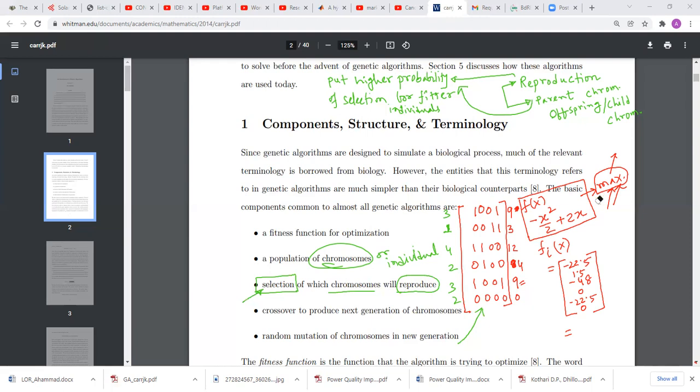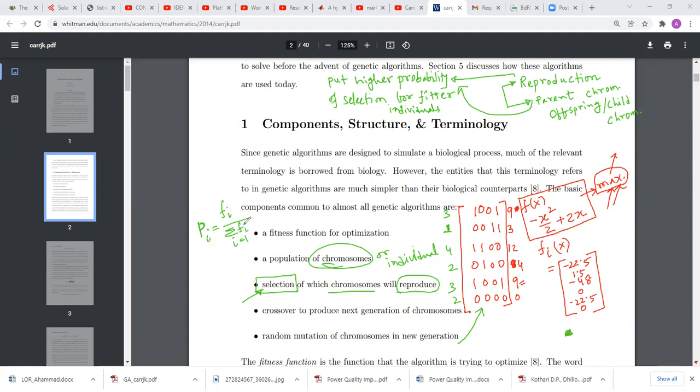So one way to do this is simply to calculate the probability of the ith individual. Let's say small p. The probability of the ith individual is simply f of i, that means the fitness of the ith individual, divided by the total fitness, the sum of fi for i equals 1 to 6.